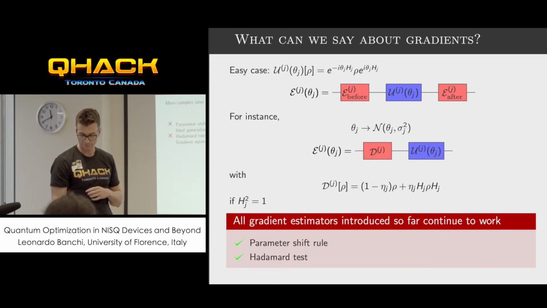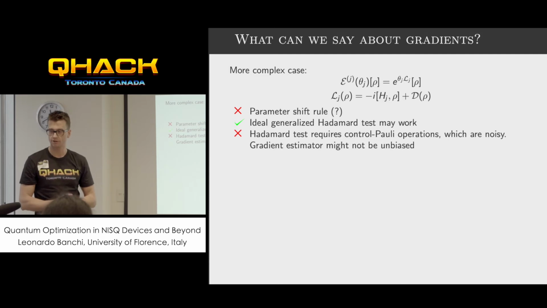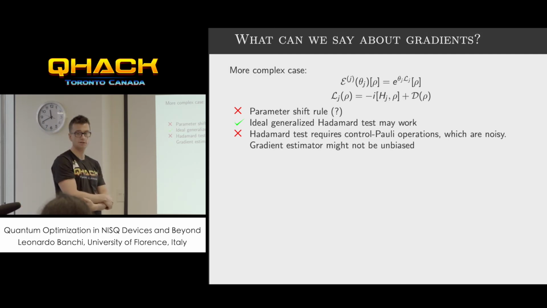But there are cases where you're not that lucky. For instance, if you consider a slightly more physical model of what's going on in your device, like a simple Markovian evolution described by a Lindblad equation. This is again a very simplified model for noise. For more accurate models, you can read a nice book by Francesco.